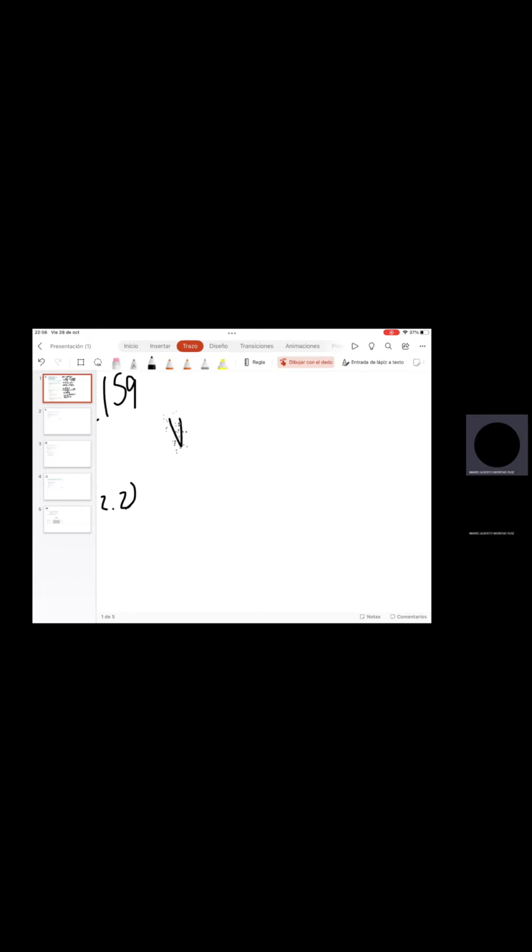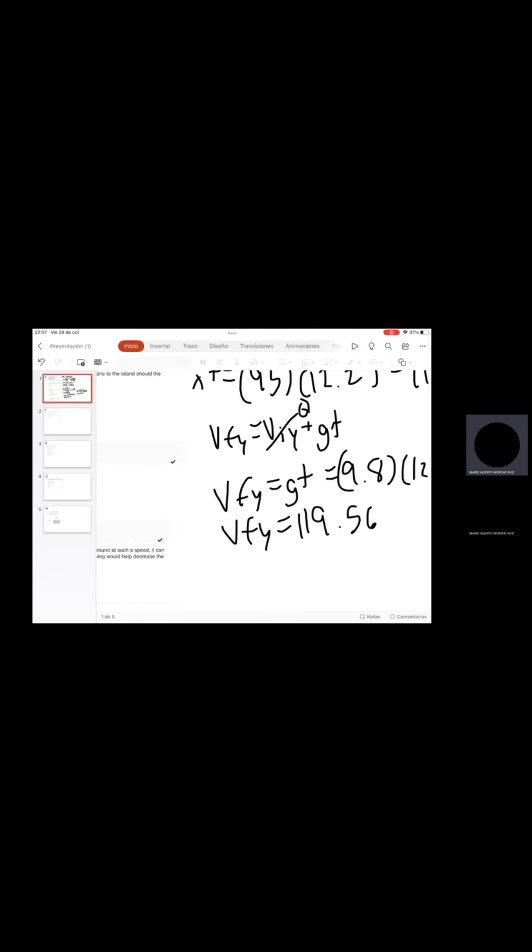Now, with this, we are able to make this calculation to get the final velocity: 95, that is the initial velocity in x, squared, plus final velocity in y, also squared, and this will give us as a result 152.7. That is the answer that we see in part C.